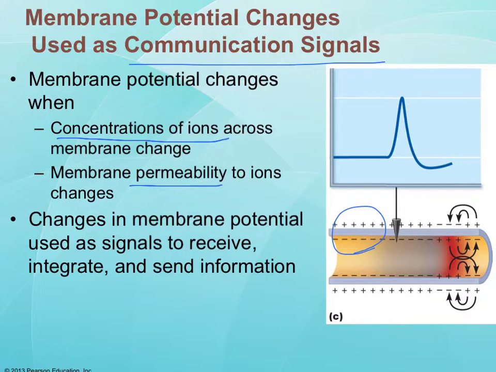The more ion channels open, the more permeability the cell membrane will have. So if a stimulus changes the concentration of ions across the membrane, or changes the permeability of the cell membrane, it will change the membrane potential, and that is how neurons receive and conduct signals.